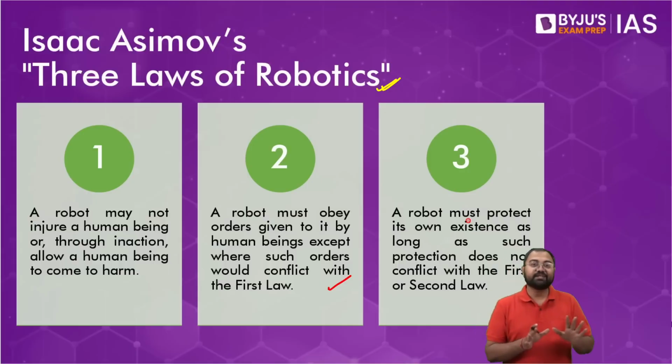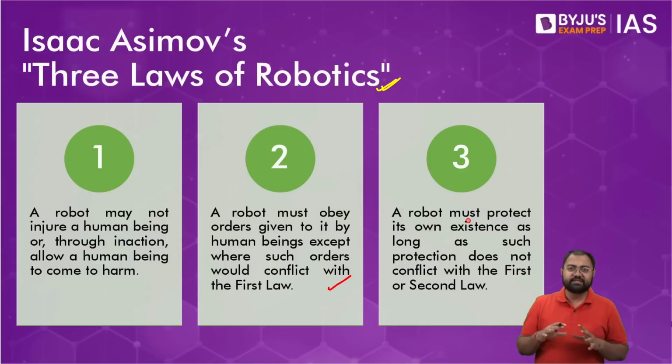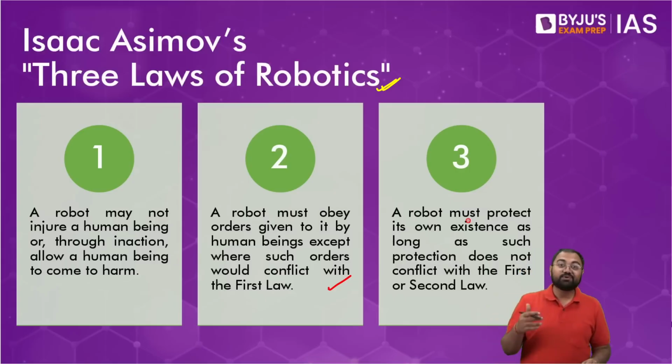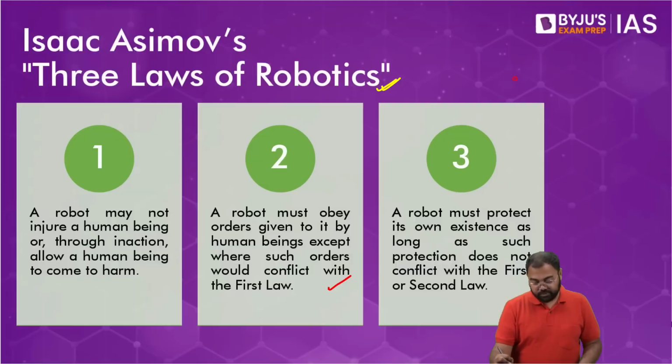So these are the three laws that were given, and as you can see, these are not laws that are really being followed by everyone. That's why these are more guidelines for the manufacturing industry, guidelines for anyone who's using robots.